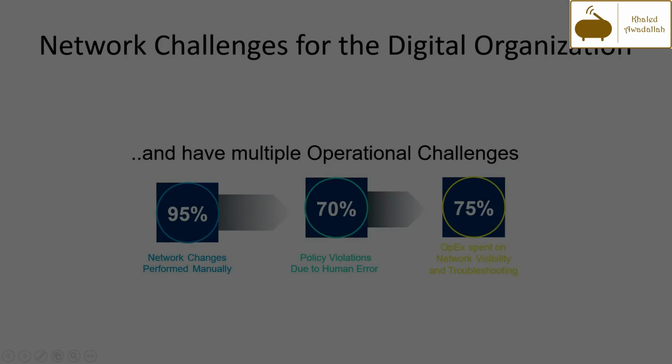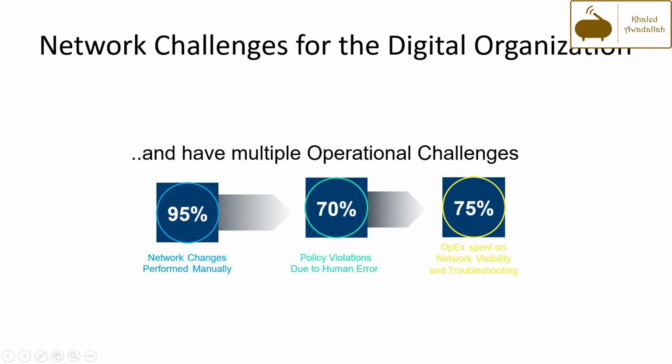According to Cisco statistics, digital networks have multiple operational challenges. 95% of changes are performed manually, which consumes most of your OPEX, or operational cost. Also, 70% of your security policy violations are due to human errors.